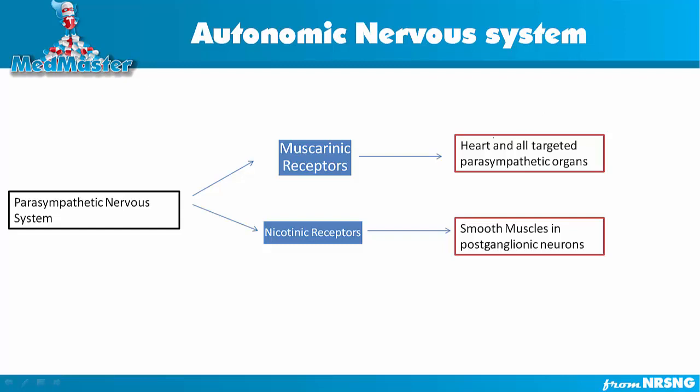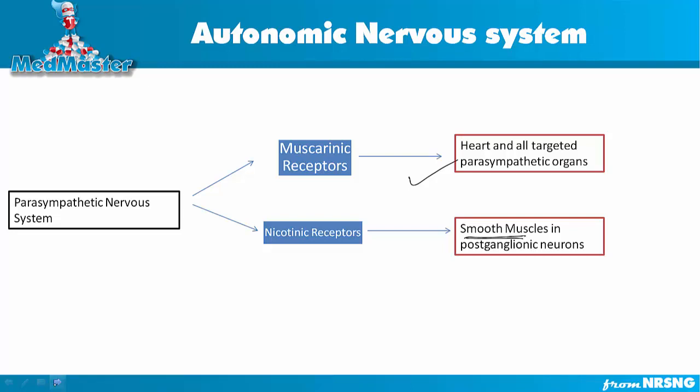Muscarinic receptors are located in the heart and all targeted parasympathetic organs such as the liver, kidneys, respiratory system, and all other organs, while the nicotinic receptors are located in smooth muscles specifically, not any other organs, just the smooth muscles.